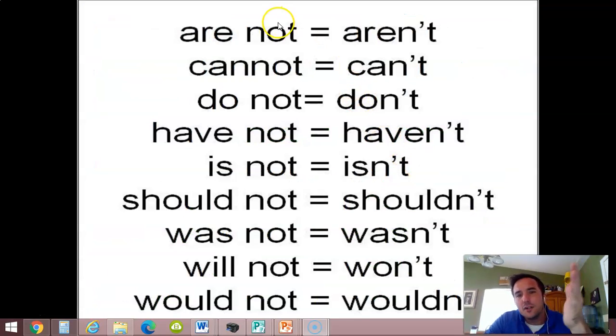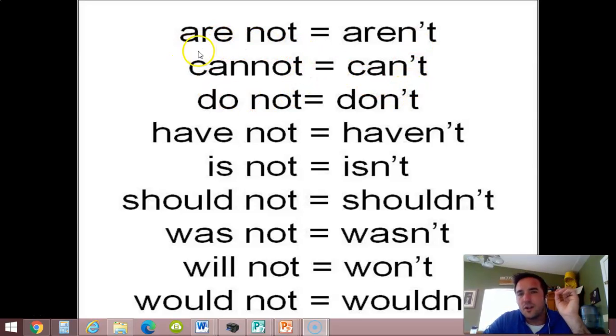So again, here's really what we're focusing on, the words with not. I want to focus on a couple here, but I first want to review what we just learned. You can see how all these O's in the word not, a single one of them is missing here. And that's always where you put the apostrophe. You always put that apostrophe where you kick out the O. Now a couple things here.